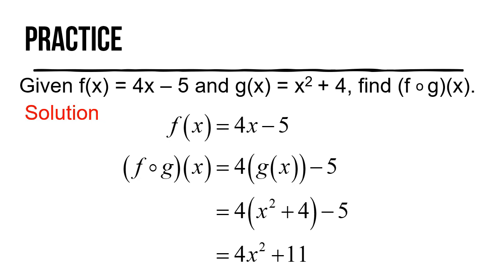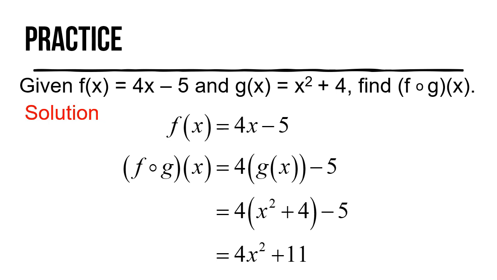So f of g of x is equal to 4 times g of x minus 5. g of x is x squared plus 4. That's why it became 4 times x squared plus 4 minus 5. So simplifying it, you're going to arrive at 4x squared plus 11. So f of g of x is equal to 4x squared plus 11.